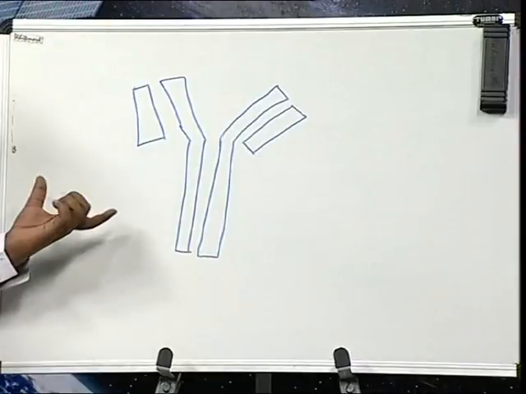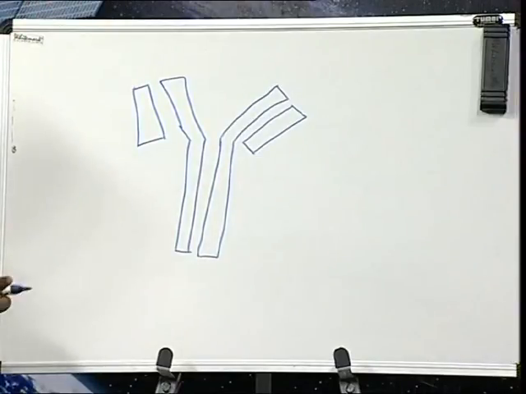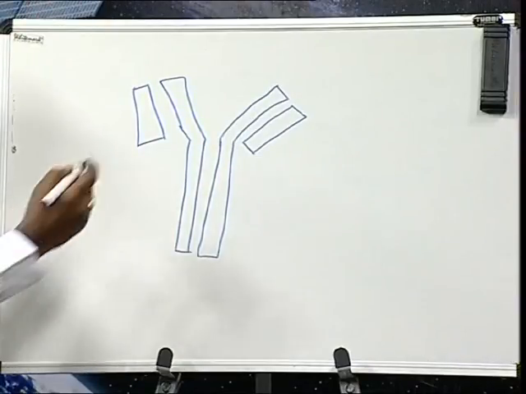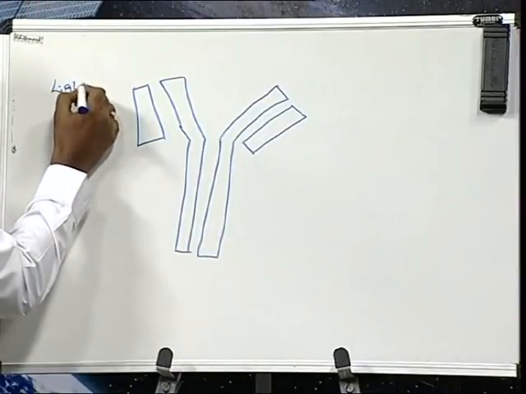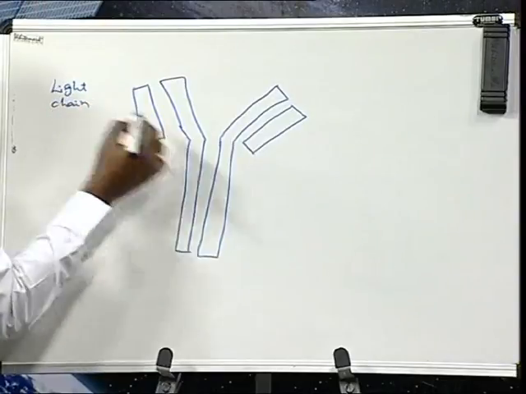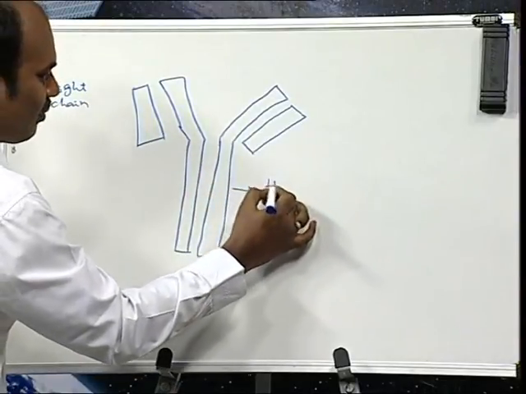Okay. So, this is the basic structure of the immunoglobulin. Here this is called the light chain, this is called the heavy chain.